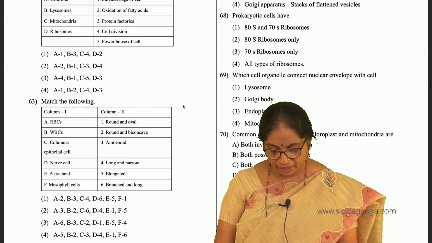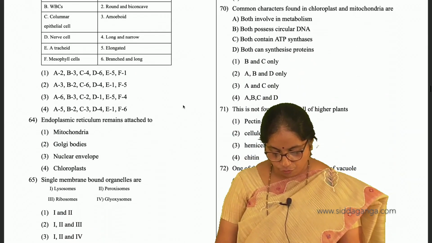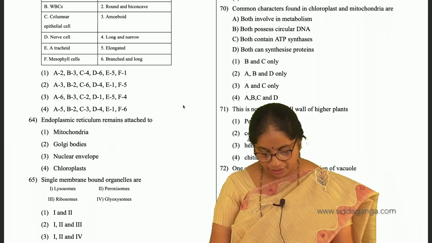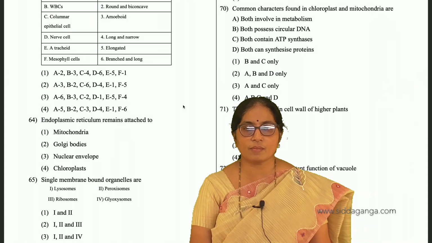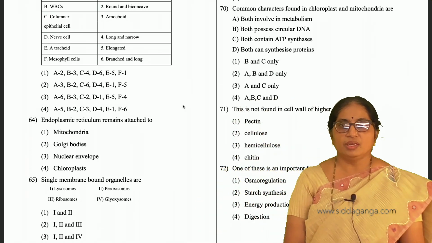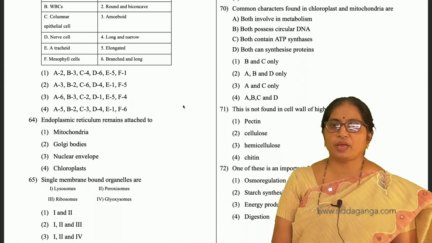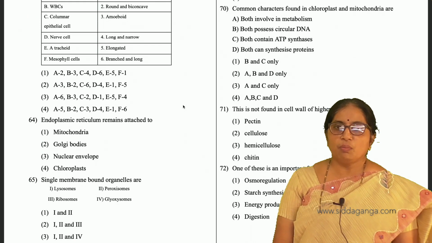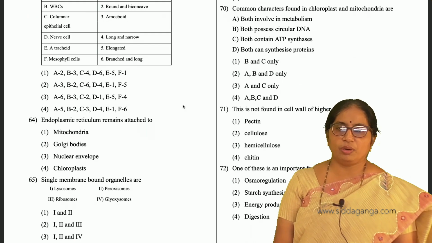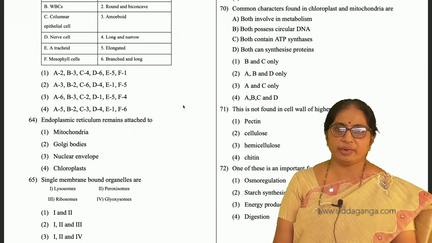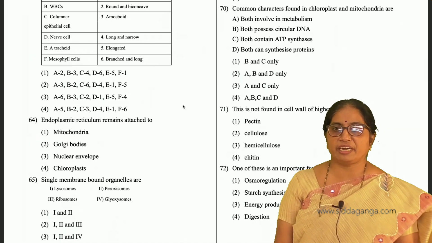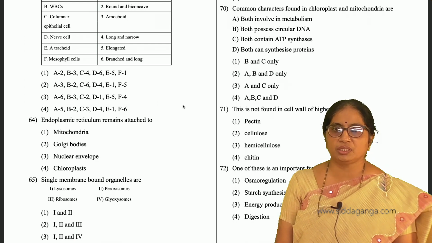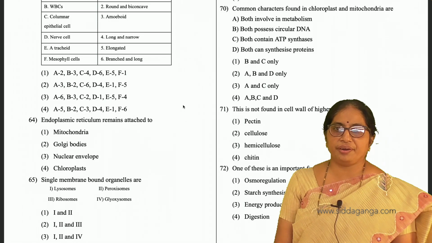Question number 70. Common characters found in chloroplast and mitochondria are both involved in metabolism. We do agree. So, chloroplast is involved in photosynthesis and mitochondria is involved in phosphorylation or ATP synthesis. Both possess circular DNA.